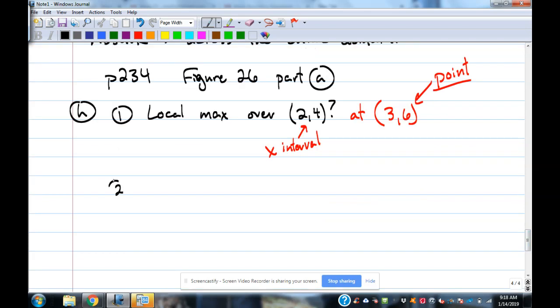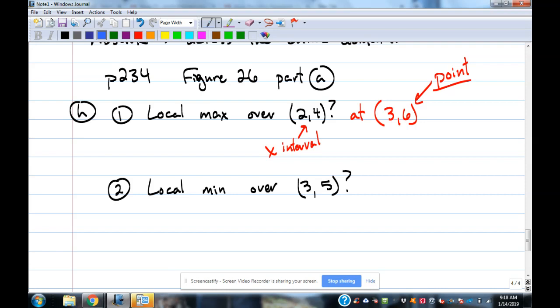Same picture. Let's just do another question off that same picture. Let's find a local minimum over the interval from 3 to 5. So looking at that picture, local minimum from 3 to 5, those are the x values I'm looking at.